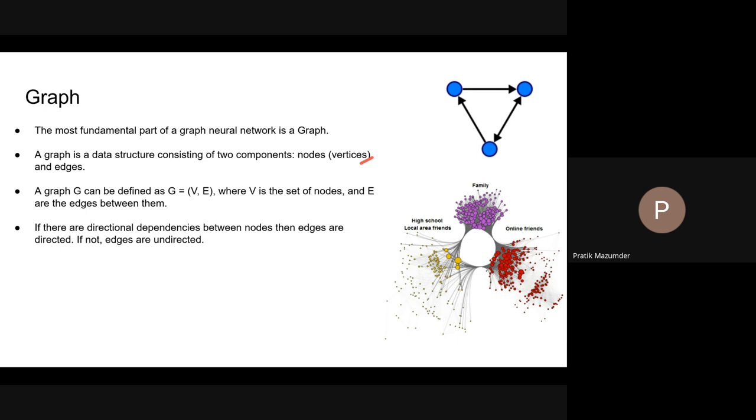The edges can be directed as well as undirected. In case of undirected, you assume that if there's an edge between two nodes, then it's bidirectional.